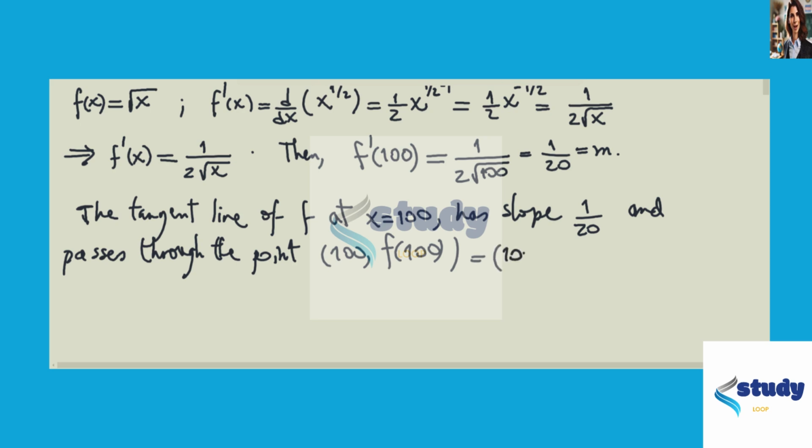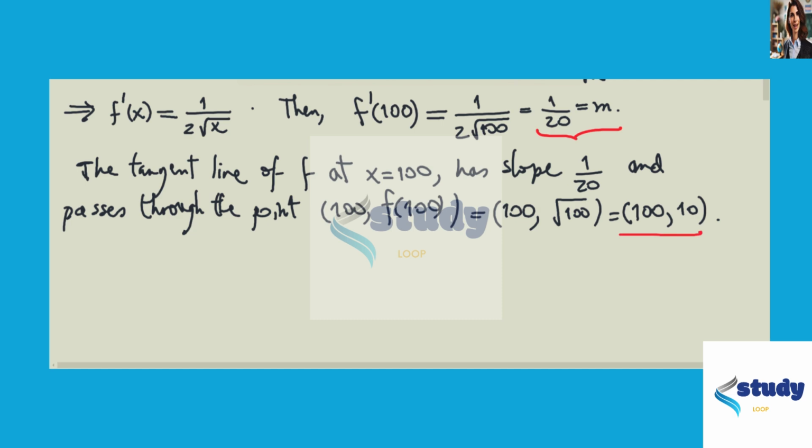The image of 100 is the square root of 100, so it's the point (100, 10). So we know a point of the line, in this case a tangent line to the curve of f at x equal 100, and we know the slope. With that, we can write the equation.